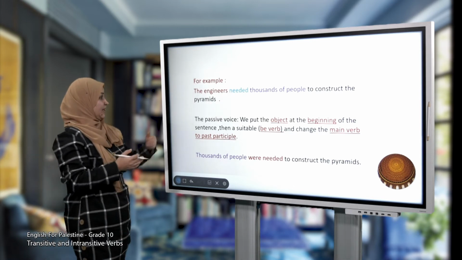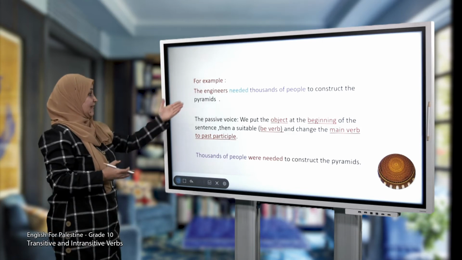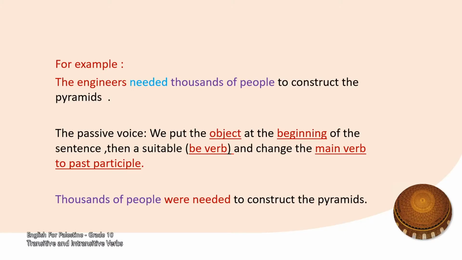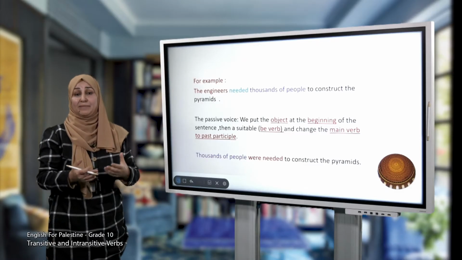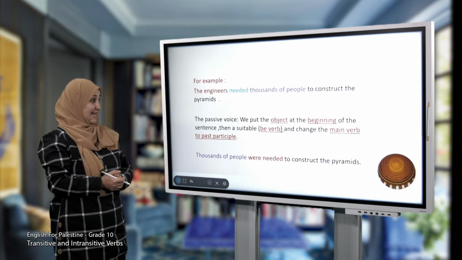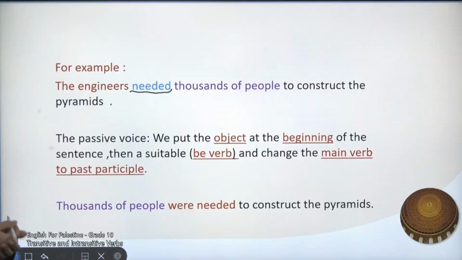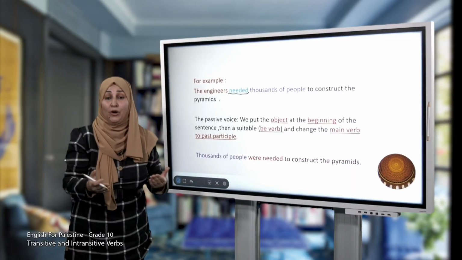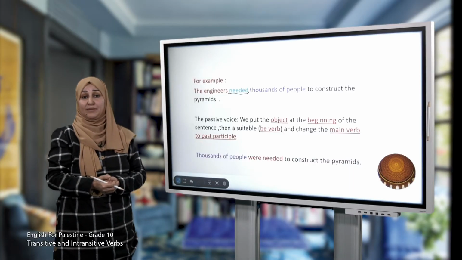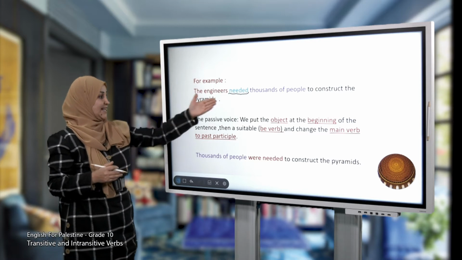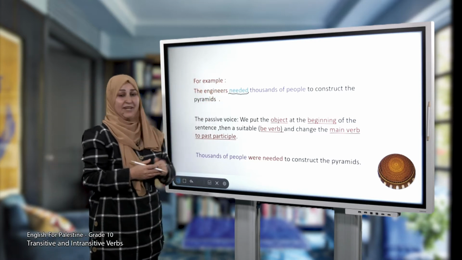For example, we have this sentence: The engineers needed thousands of people to construct the pyramids. Where is the verb in this sentence? Yes, the verb is needed. Is it a transitive or intransitive verb? Good, it's a transitive verb.